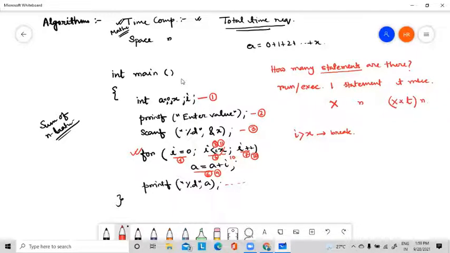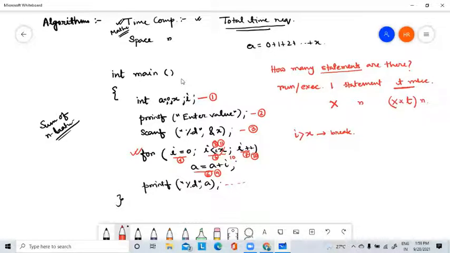But here we have taken one assumption, that all the statements require equal time.